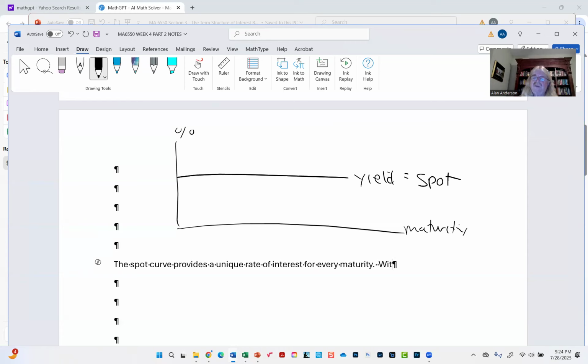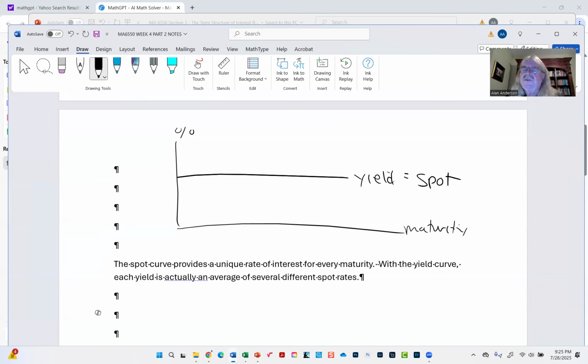With the yield curve, yield is actually an average of several different spot rates. And that reduces its usefulness for pricing different types of securities in the marketplace, especially derivatives when we get there.